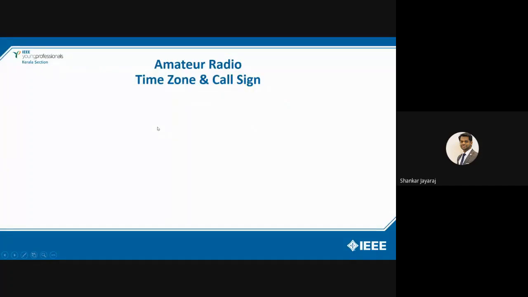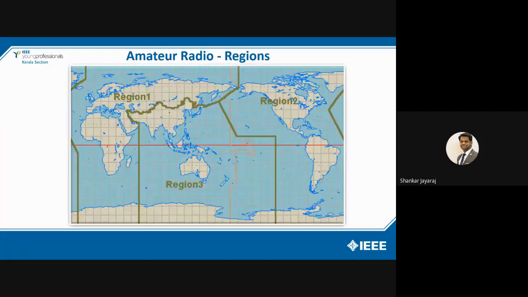The next important thing you should know is that since you are communicating with the whole world, you need to know the time zones, and your name should be known to the whole world to communicate with all these regions. If you are here in India and trying to communicate with Australia, we don't share equal time zones. If I am here and someone is in the Gulf, there is a time zone difference of 2.5 hours.